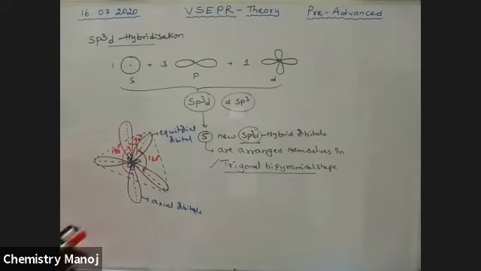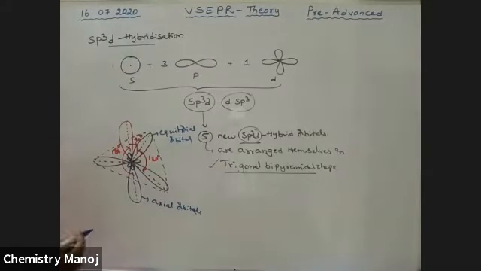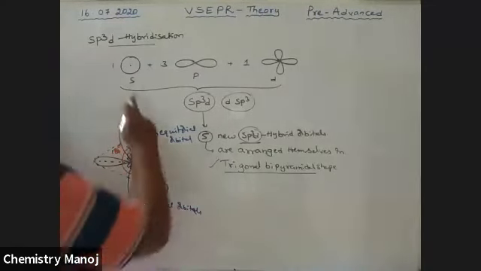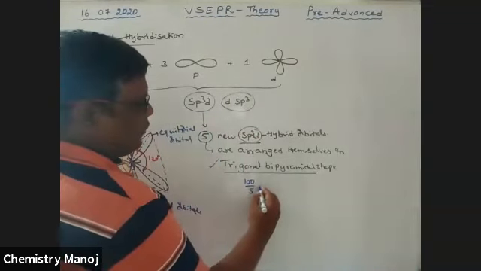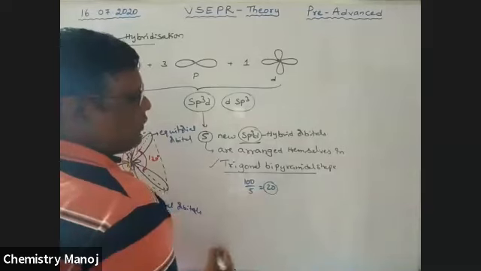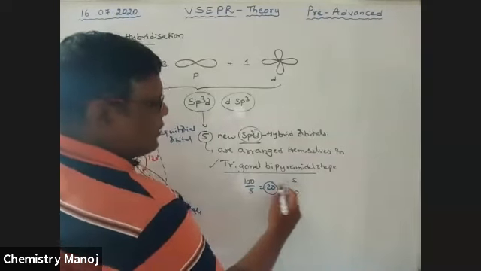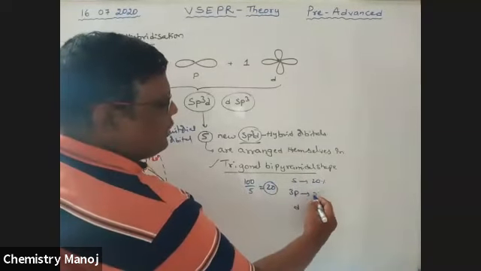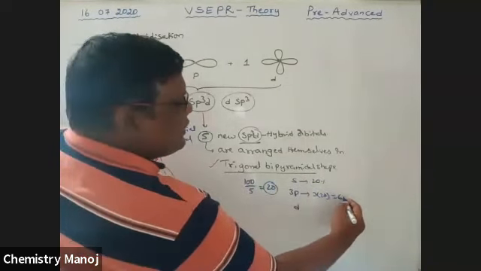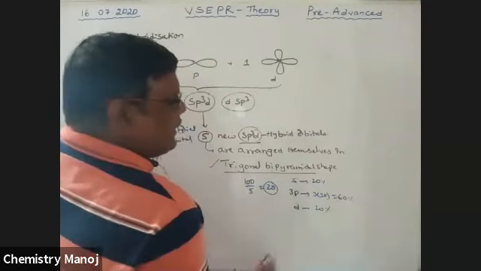Now, in every hybrid orbital, S character, P character, and D character are there. There are total 5 orbitals, so divide 100 by 5, that is 20. That means one s, three p, one d. S has 20%. Three into 20 is 60% P character. One into 20 is 20% D character.